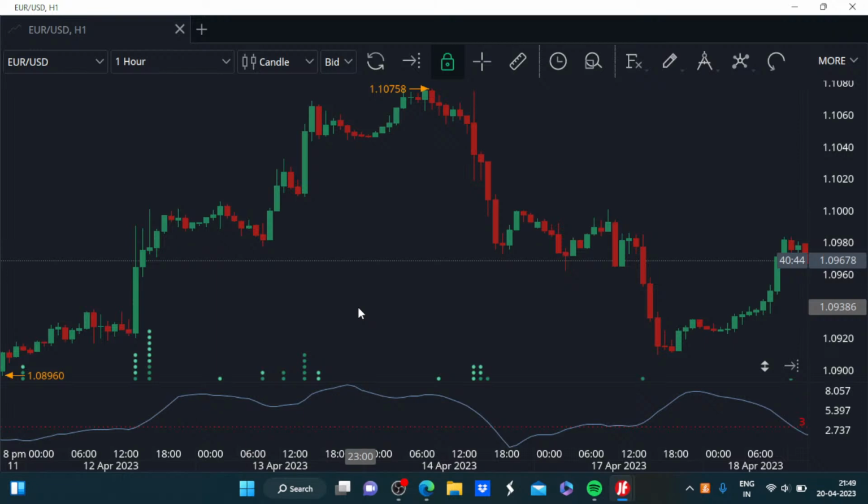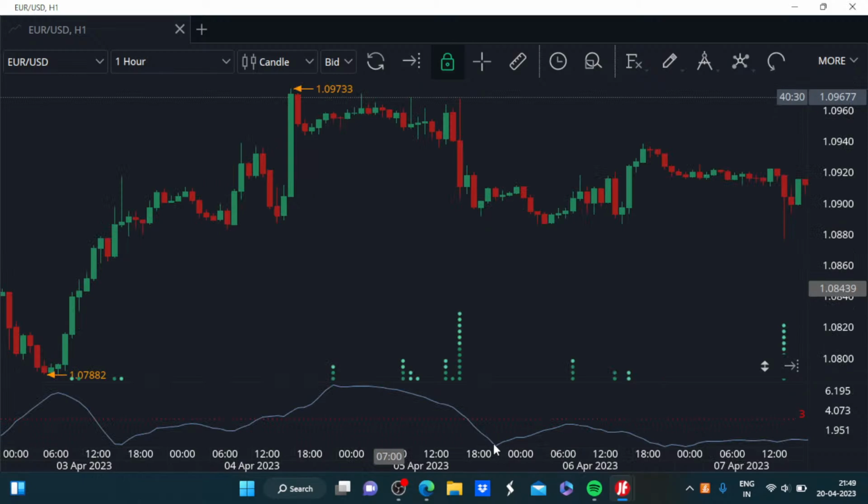Now let's go back in time and see how the price dynamic played out and what kind of output value we had for this indicator. If we consider the Euro USD's price moves in recent days, the recent week, then mostly it has been bullish.